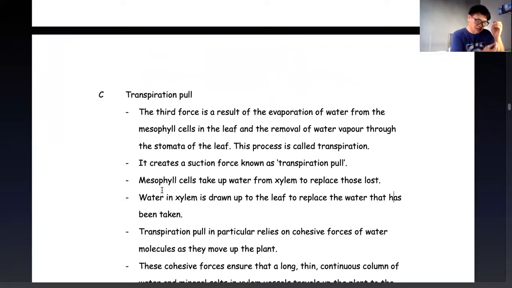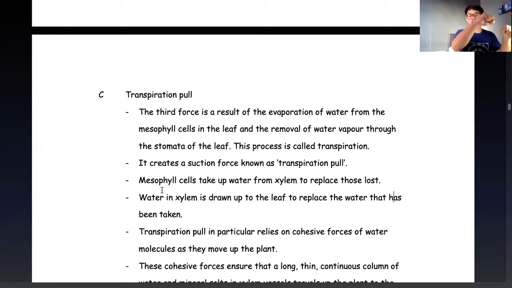When they pull the water out, remember the cohesion property, all the water molecules are linked, right? So when one water molecule gets pulled, the neighboring water molecules will also get pulled along as well. Imagine this is water, water, water, water.